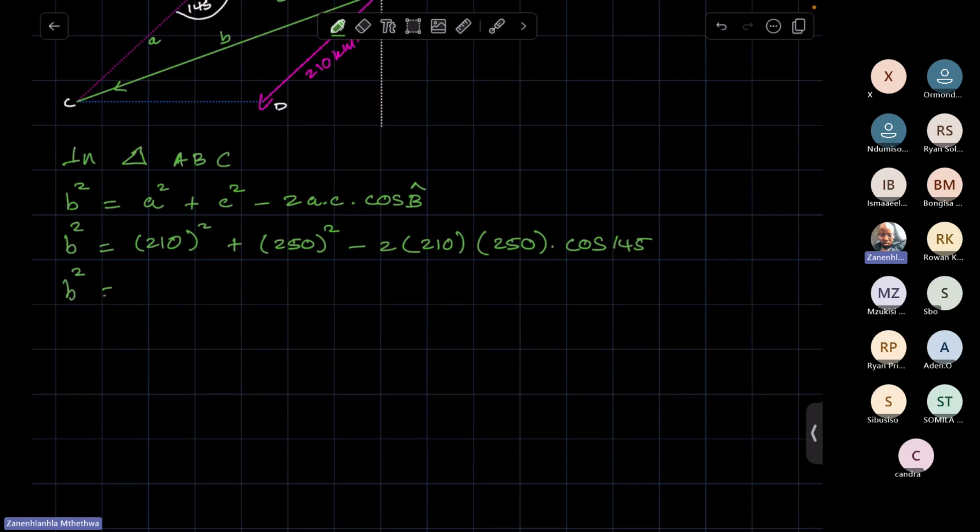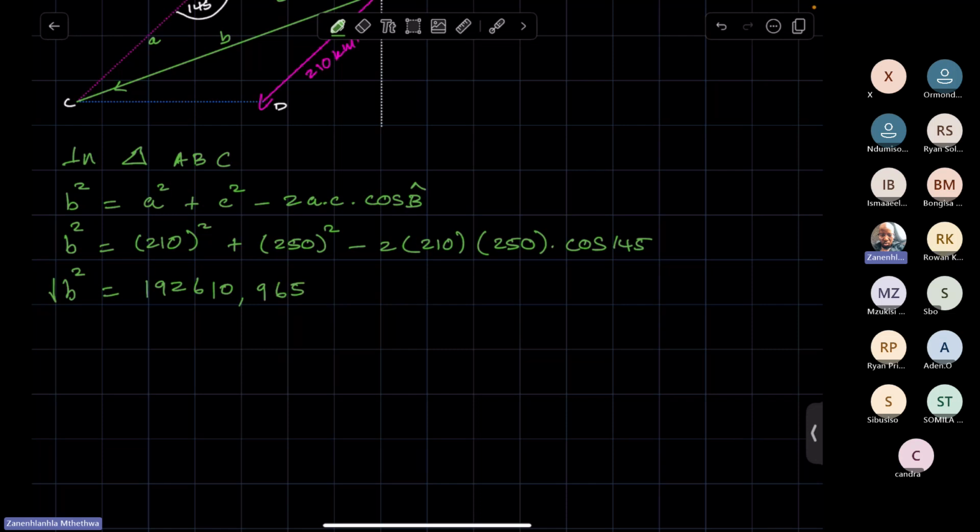So B squared is equal to, now what do we get if you punch this in your calculators? I already gave you the memo, right? You get 1926, 1926, 10 point 96 965, 965, right?